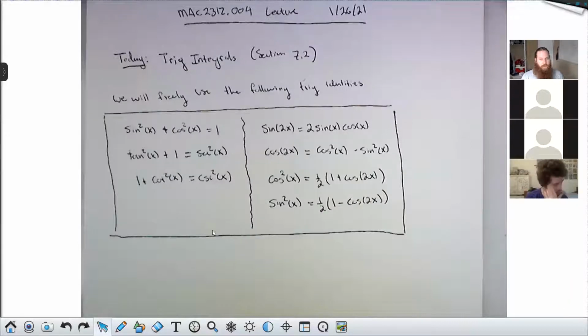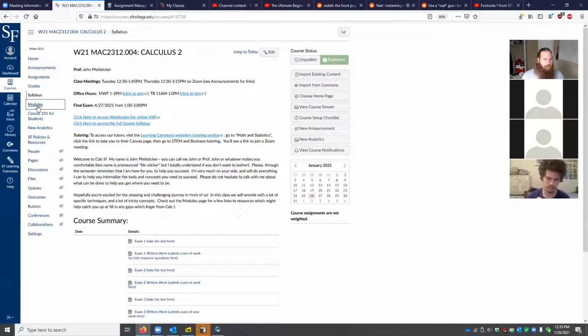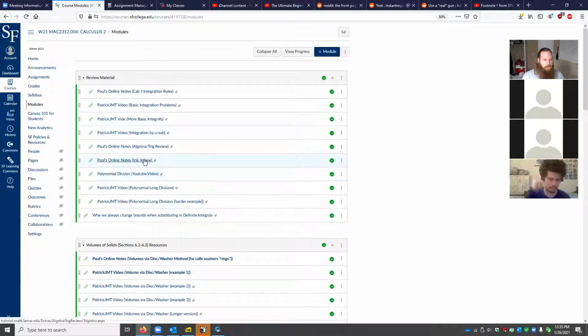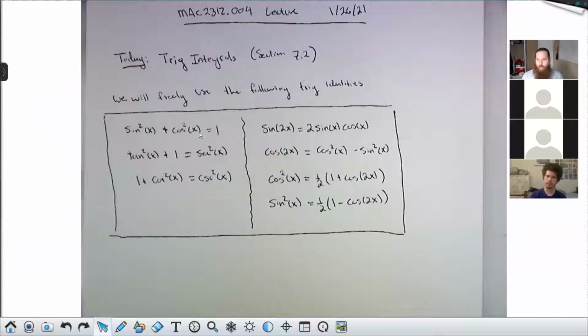If you need to dig back and remind yourself what's the derivative of arctan, or what is the sine of pi over 6, or how do I find the inverse tangent of -1, all of those things you can find in the appropriate module under the algebra and trig review. Specifically, this trig review is good. So if you need it, please don't hesitate to look back here. I want you all to be masters of trigonometry. It's time for this to no longer be intimidating.